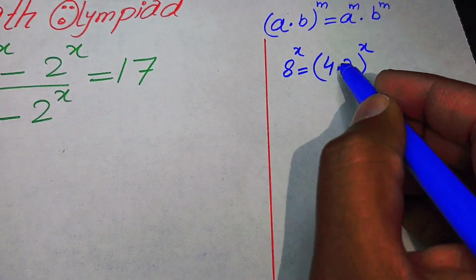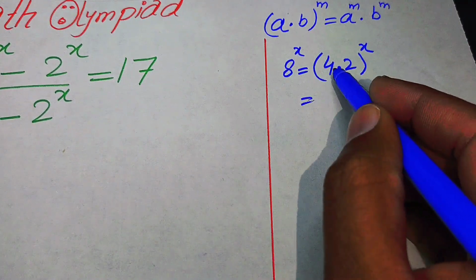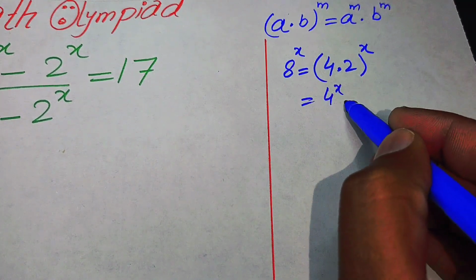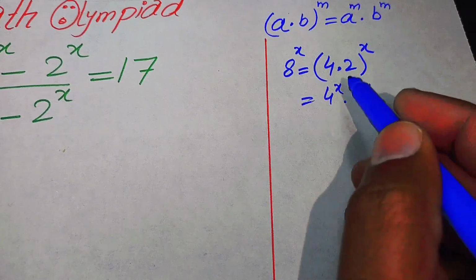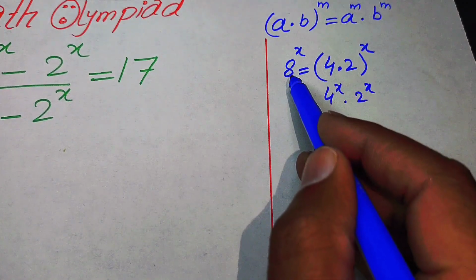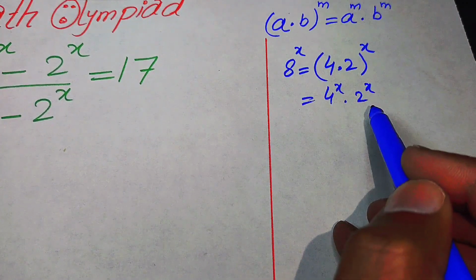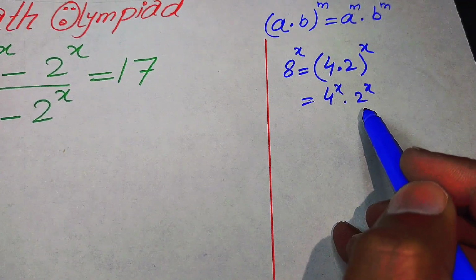So here we just separate the power and write 4^x times 2^x. We substitute 8^x by 4^x times 2^x.